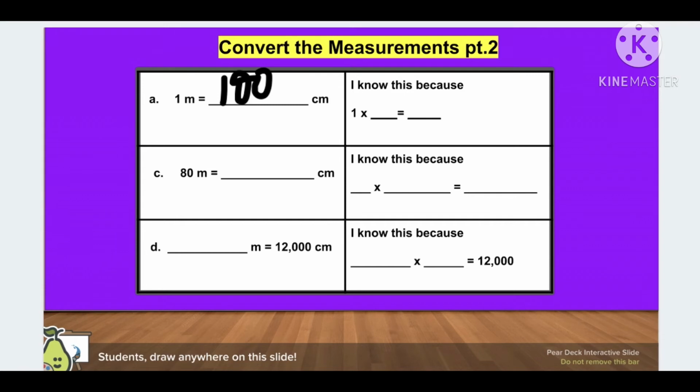Let's think about that for a second. I know that 1 meter equals 100 centimeters because 1 times 100 equals 100. So how would I figure out how many centimeters are in 80 meters? I agree, I'm going to multiply, but what am I multiplying?